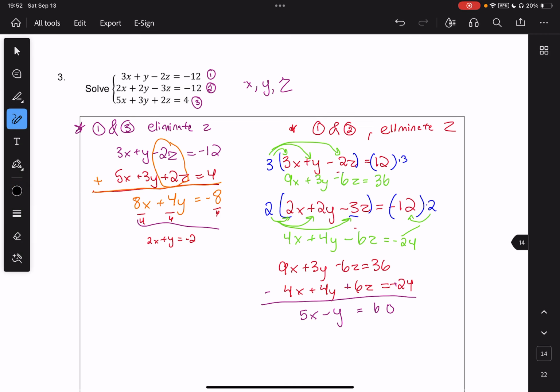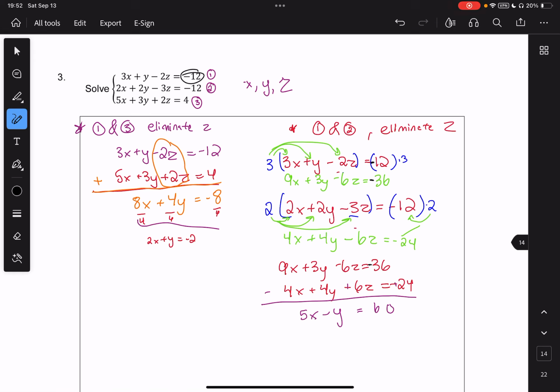Okay, so before we continue, there is a typo right here. This should be negative 36. This should be negative 12 because our negative 12 is our first equation right here. So negative 12 times 3 becomes negative 36.